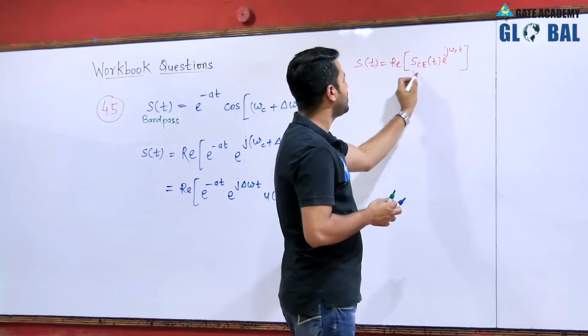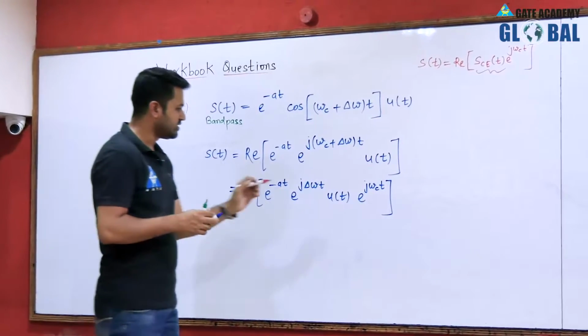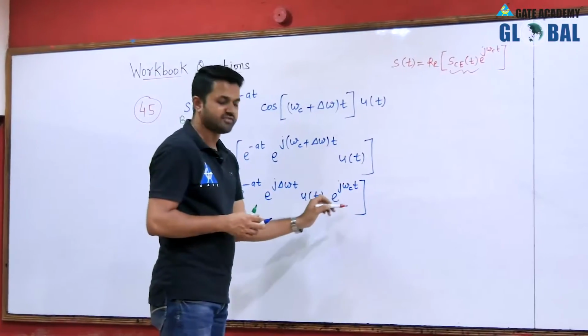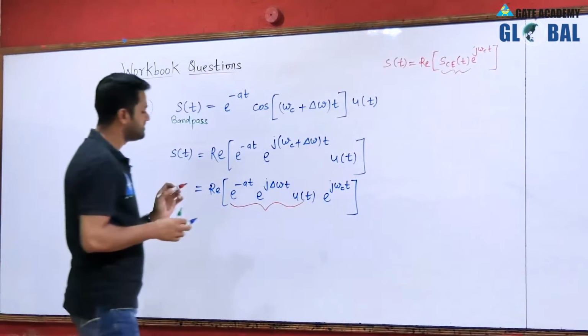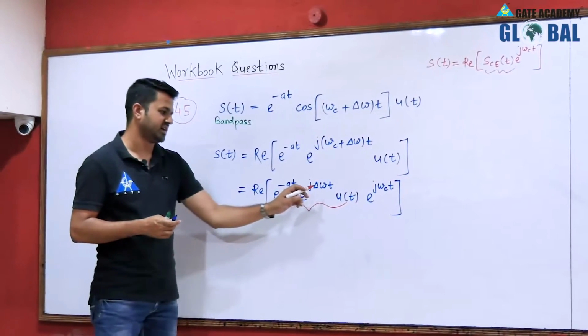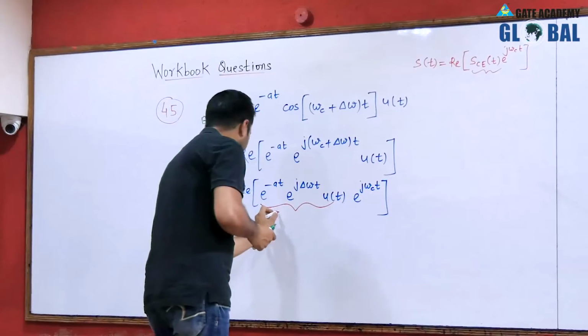So the coefficient of e to the power j omega c t is the complex envelope. This is the reference or carrier frequency, and the coefficient of this term, e to the power minus at, e to the power j delta omega t and u(t), is the complex envelope.